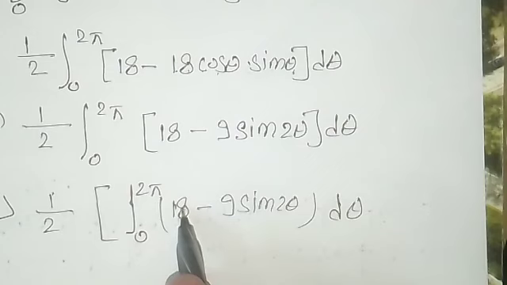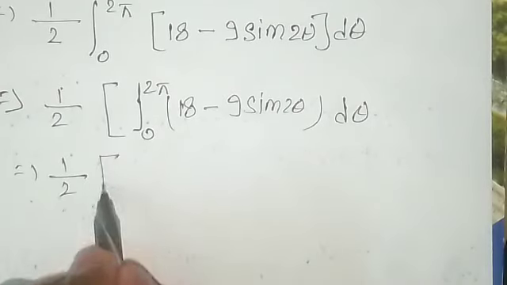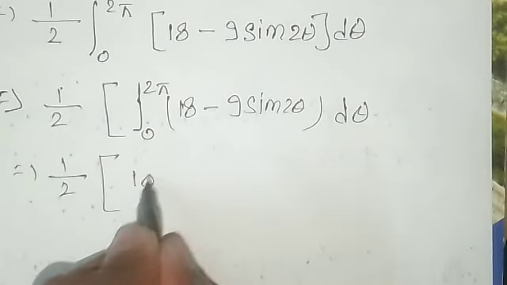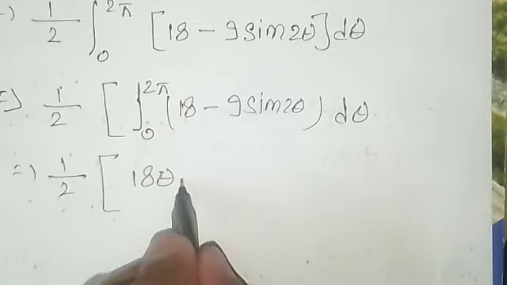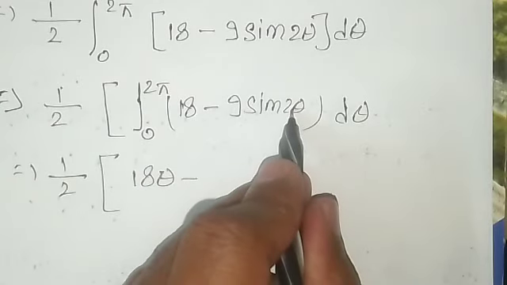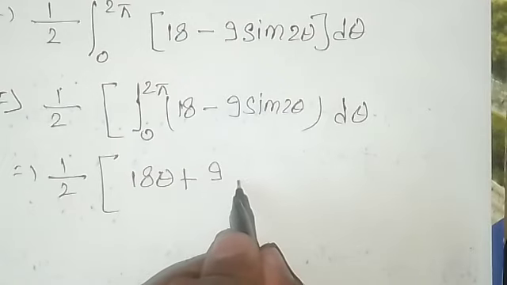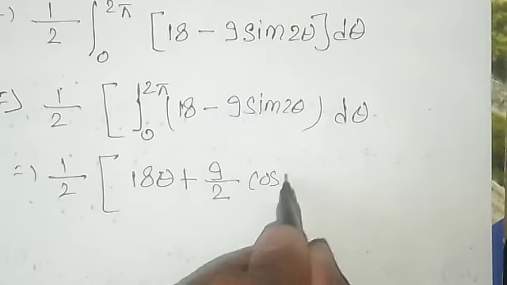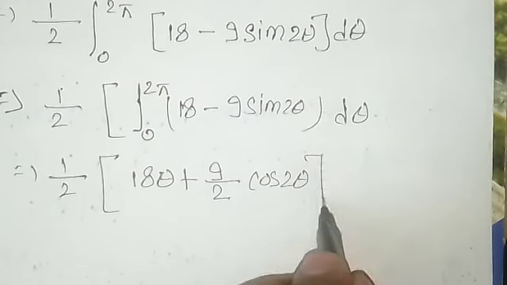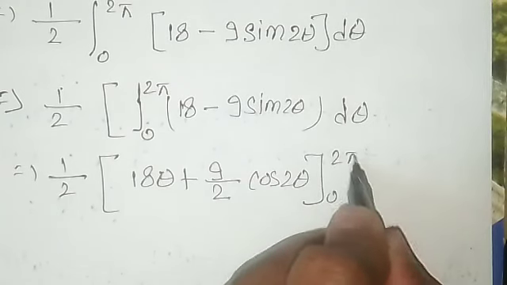So integration of 18 d theta is 18 theta. So it is half of 18 theta minus 9 sin 2 theta integration, which is cos 2 theta by 2. So minus minus plus 9 by 2 cos 2 theta, and the limit is 0 to 2 pi only.